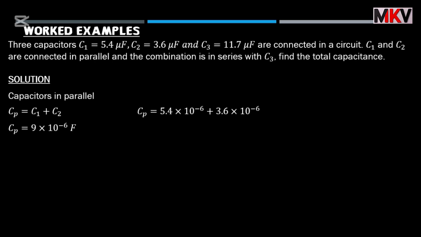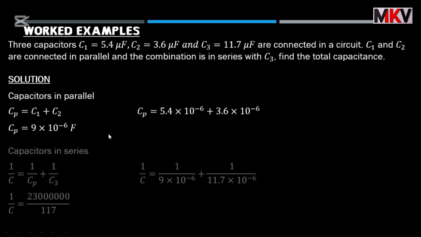So we use Cp to denote capacitors in parallel. Now we know C1, we know C2, so we do our substitutions and compute to get Cp, and this value gives us 9 times 10 to the power minus 6 farad.